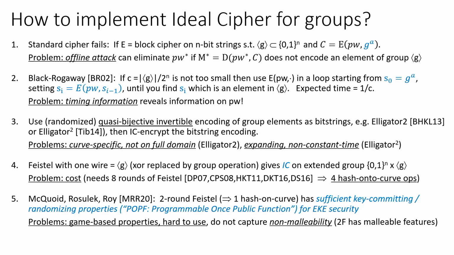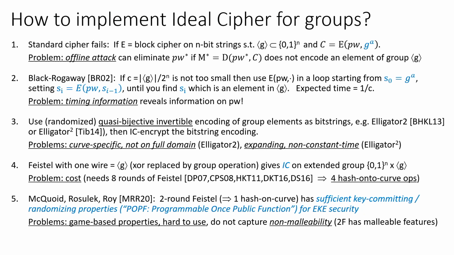More recently, there were quasi-bijective encodings of group elements, invertible encodings. You take a group element like an elliptic curve point, encode it as a bit string, and use an ideal cipher over bit strings. Problem solved, except that these encodings had issues.